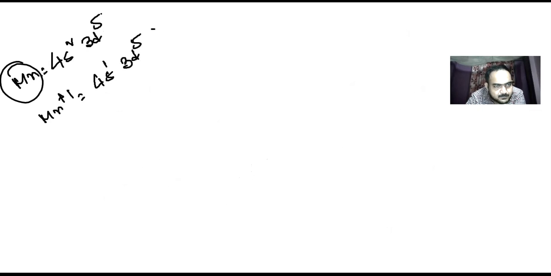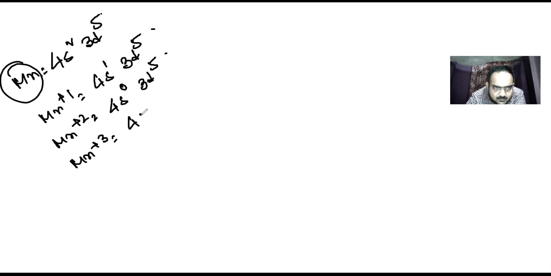You can see again manganese +2. This is 4s0, 3d5. Manganese +3 equals 4s0, 3d4.